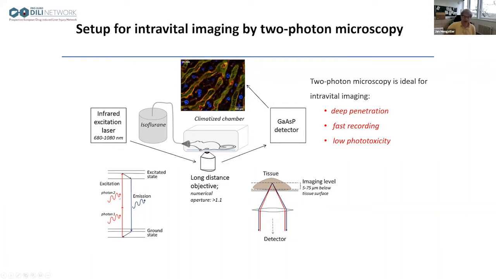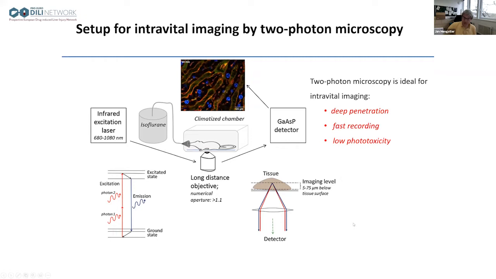The first excitation by 2 photons. So these are low energy photons, infrared, because the lower the energy, the deeper they penetrate into tissue. And at least two photons meet in the imaging plane and reach the energy required for emission. Then what is needed is a long distance objective and a very sensitive detector. And then you can observe processes in the living liver, which helped us a lot.